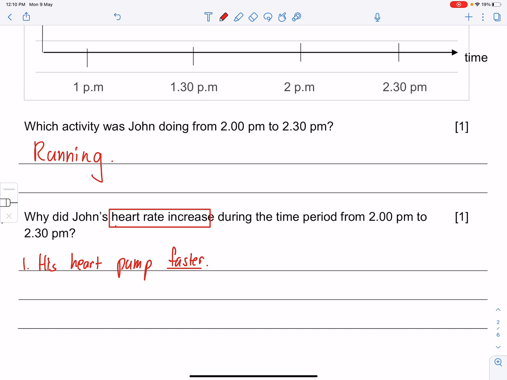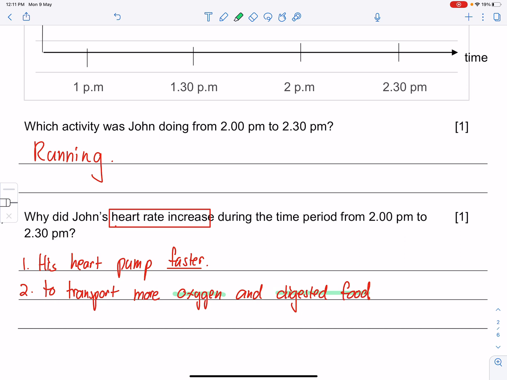Your second key point would be to transport more oxygen and digested food. By the way, DF stands for digested food. These two things are extremely key in your answer. If you are missing any one of these, oxygen or digested food, you don't get the marking point for this.